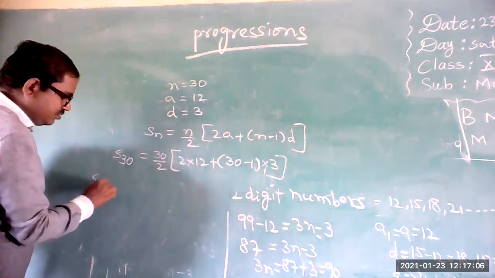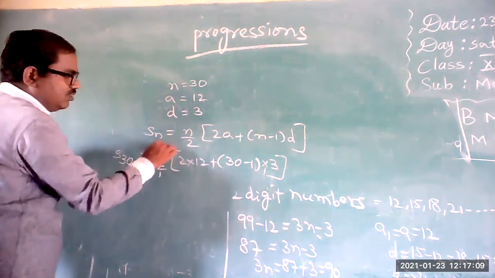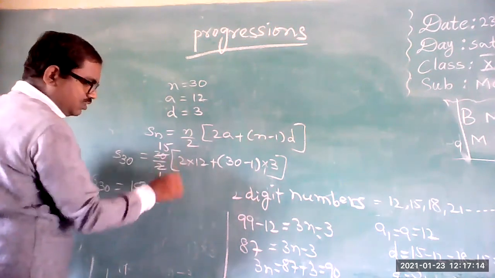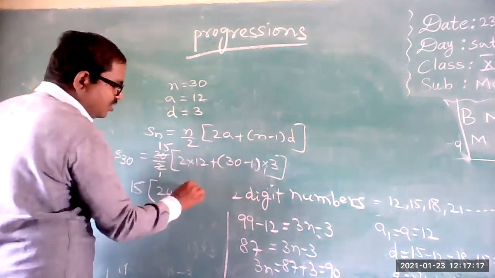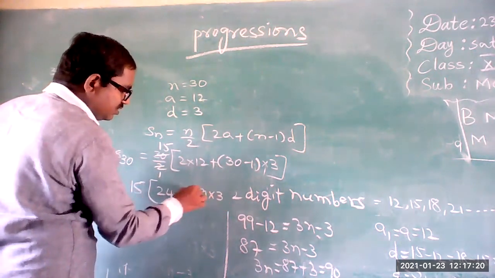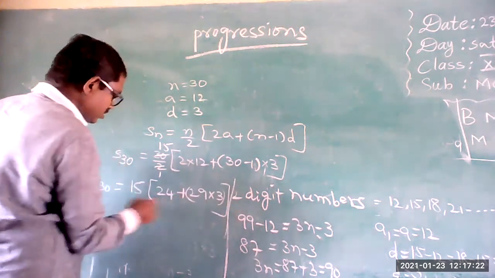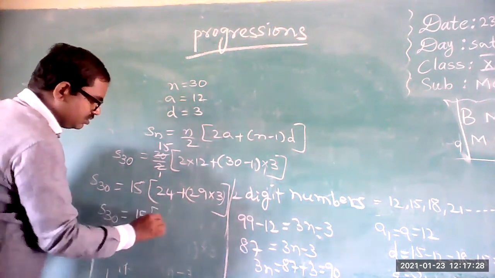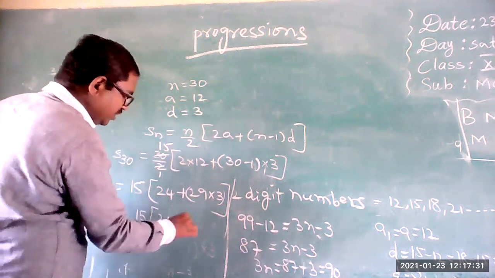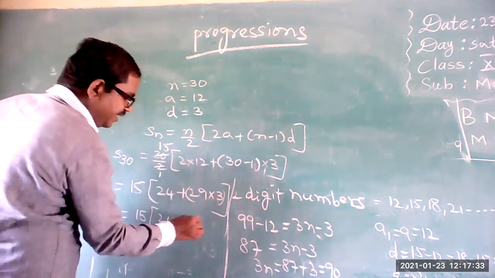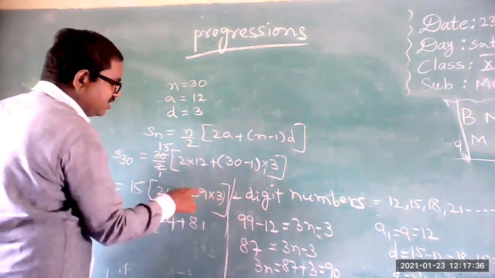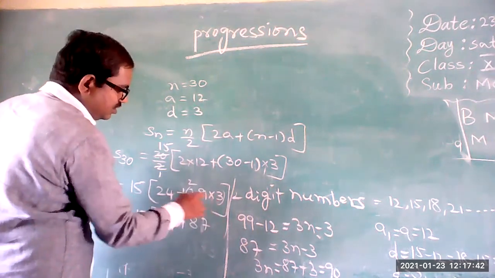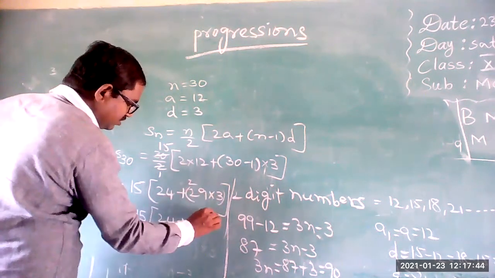So S30, the sum of 30 terms, is 15 into 2 times 12, which is 24, plus 30 minus 1, which is 29, into 3. So S30 equals 15 into 24 plus 29 threes, which are 87.